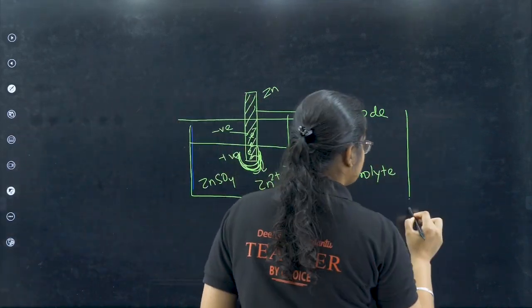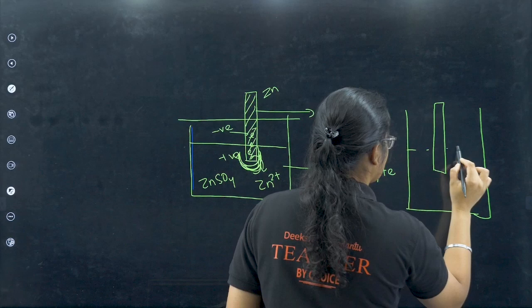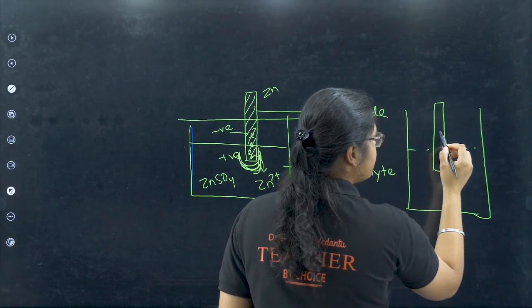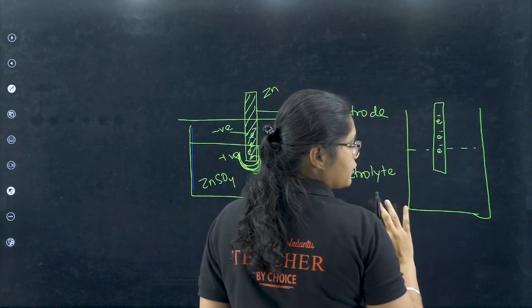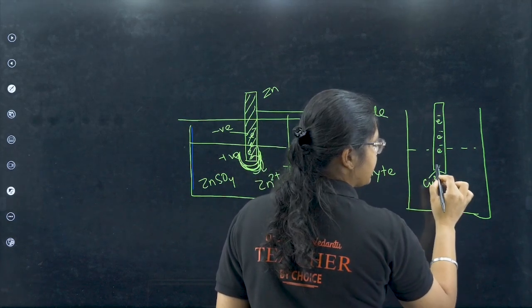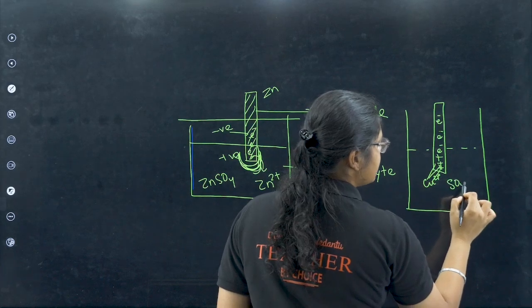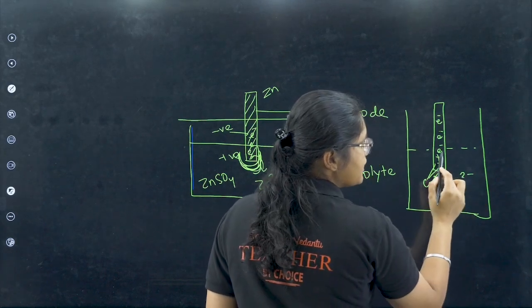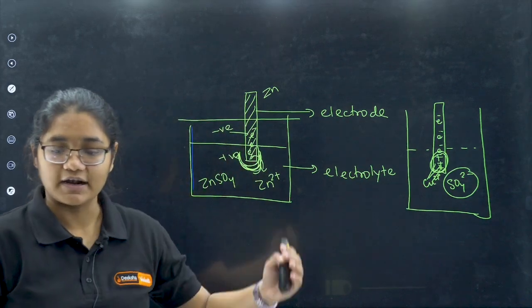Now if you see the side of copper, what happens, these electrons were coming here, right, and Cu2+ is absorbing them, taking these electrons. So the rod is becoming positively charged and you have sulfate ions in the solution. So this rod is positively charged and sulfate ions are on the negative side outside.